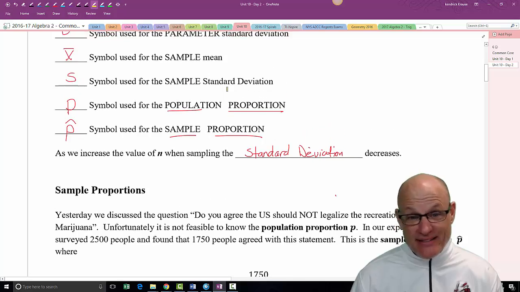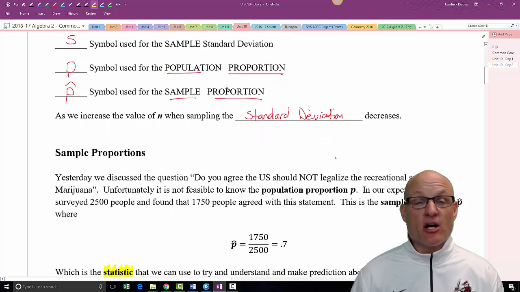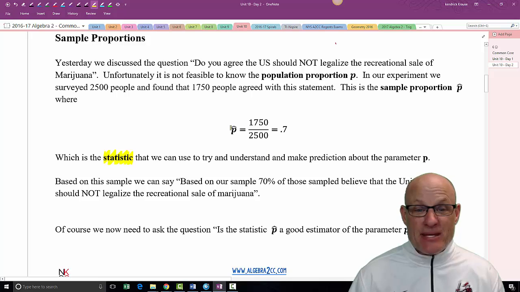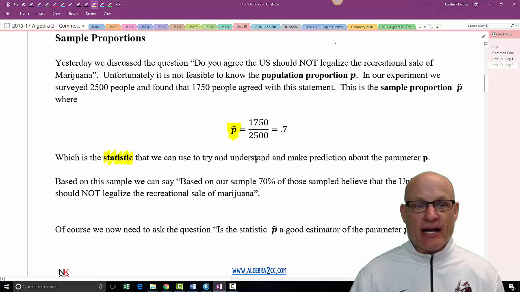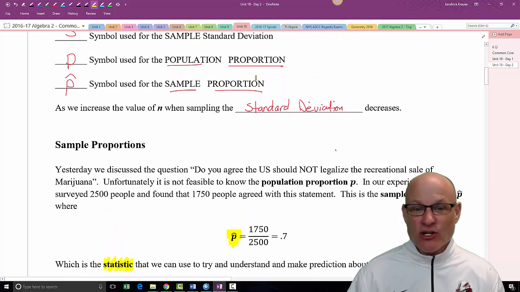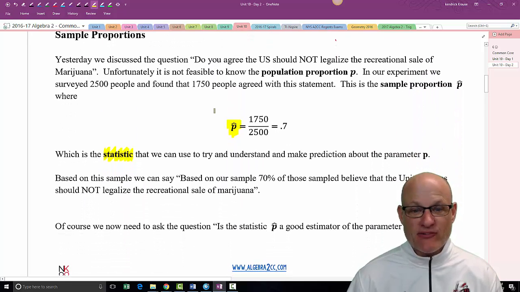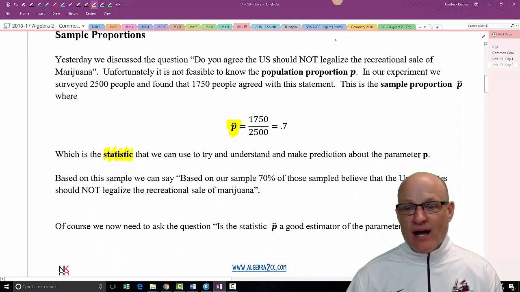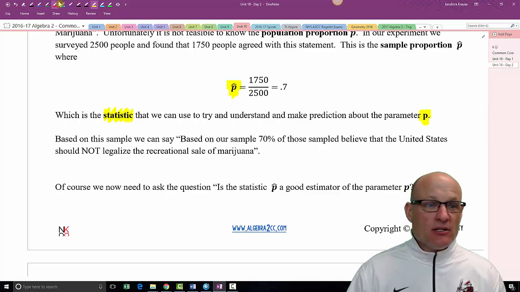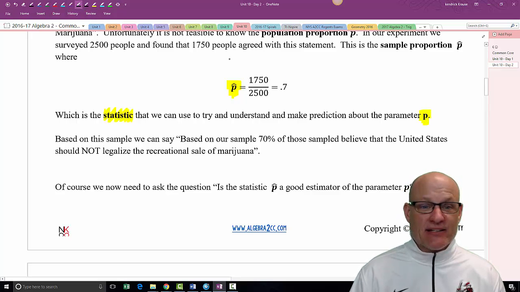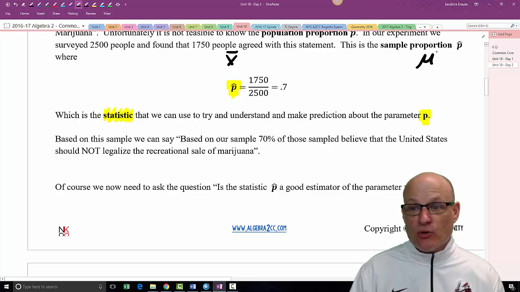So yesterday we talked about means a little bit with the fish, but then we really talked a lot about proportions. So this is my p hat. This is my statistic, or excuse me, my sample proportion. Okay, it is a statistic, but it's my sample proportion. And what we're trying to do is to use p hat in order to make a prediction about p. You can think about p hat as like the x bar of means, and p is the mu of means.